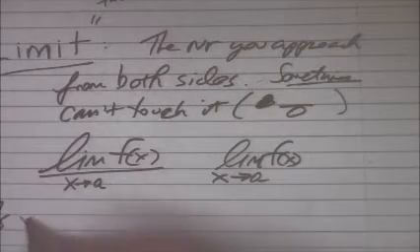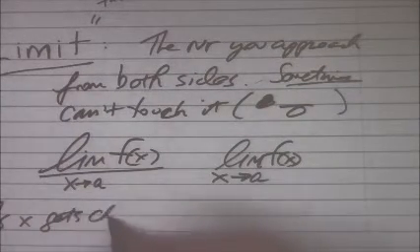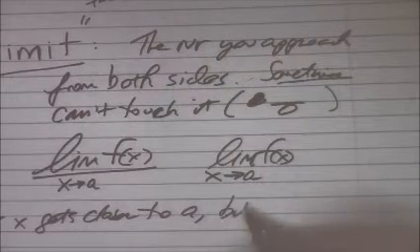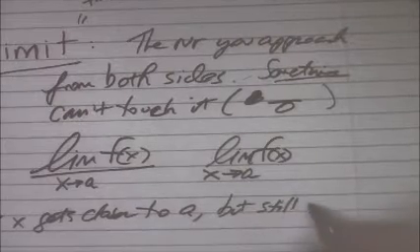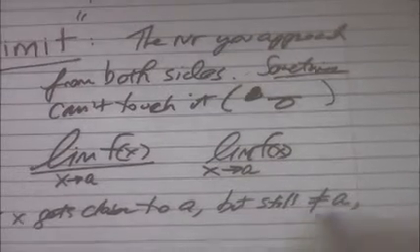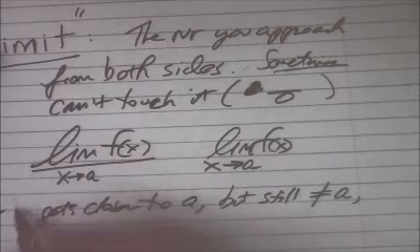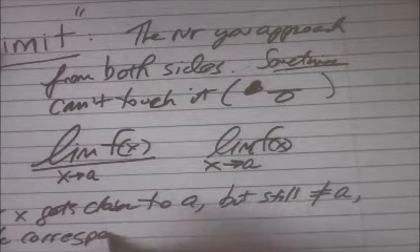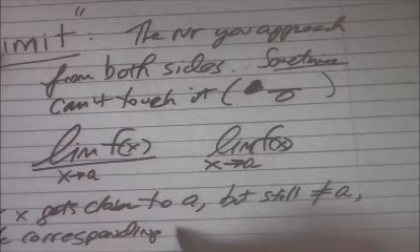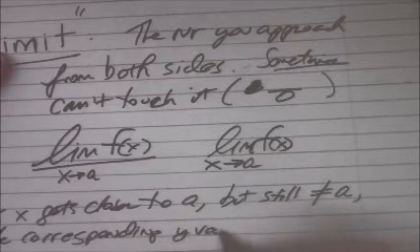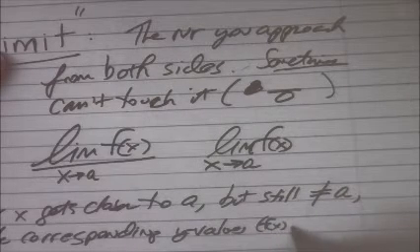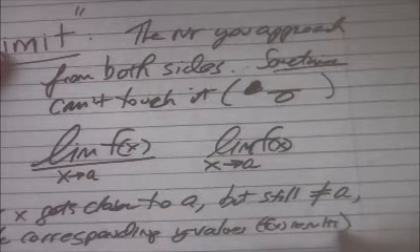So I guess we'd say, let's write this out. As x gets closer to a, but still is not equal to a, the corresponding y values, let me explain that in a moment.